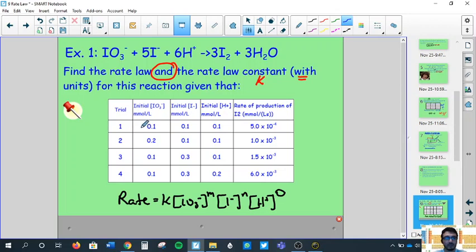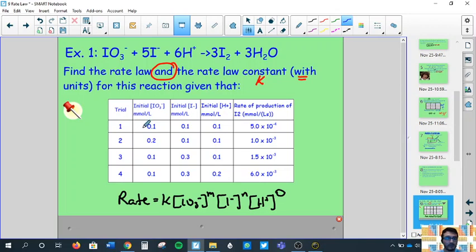I'm really going to spend some more time, you'll see, looking at which two trials we need to compare, but part of our rules on the previous slide says compare two trials, where if we're testing for iodate, for example, we're looking to make sure that the other reactant concentrations stay the same. They have to be our controls. If we're to determine how the concentration of one affects the overall rate of the reaction, well then we can't have anything else changing. Right? These have to be our controls. So in this case, it works to compare trials 1 and 2.